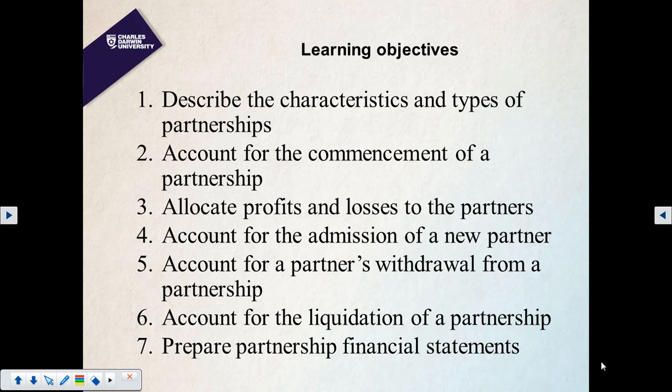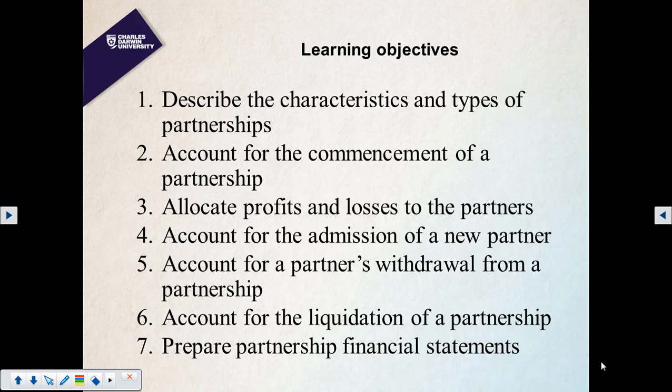But in this basic class, introduction to accounting, we are not going into details of any of this. What we try to understand from today's lecture is the commencement of partnership: when we start a business, what kind of journal entry we give. Okay, allocating profits and losses to the partners, which is the most important in today's class. Accounting for the admission of a new partner. Sometimes a new partner is coming into the business and an old partner is going out as well.